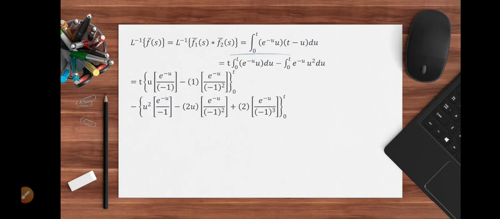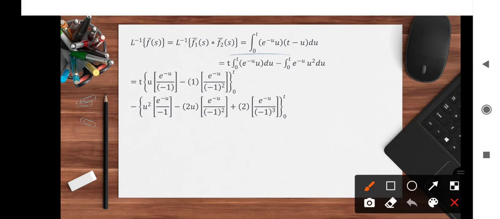T is a multiplier. Integration by parts rule: first function, integration of second function, minus derivative of first function, second integration of second function, within the limit 0 to t.